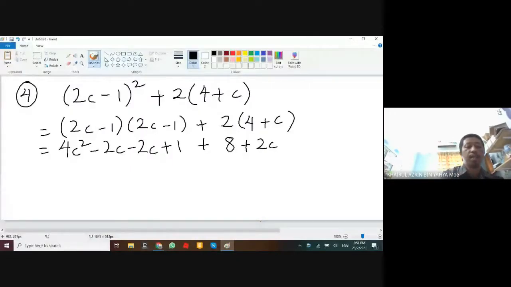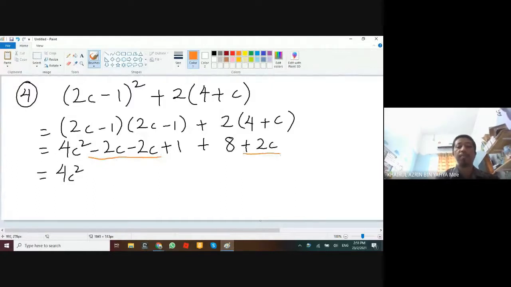Now we continue: 4c square. Here negative 2c, negative 2c, and we also have this one plus 2c. Negative 2 minus 2 is negative 4, negative 4 plus 2 is negative 2c.